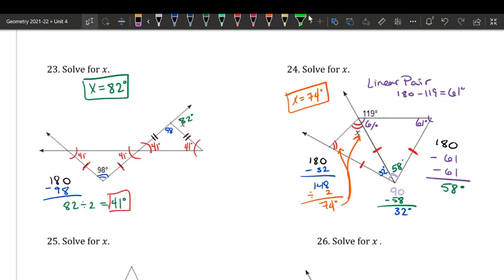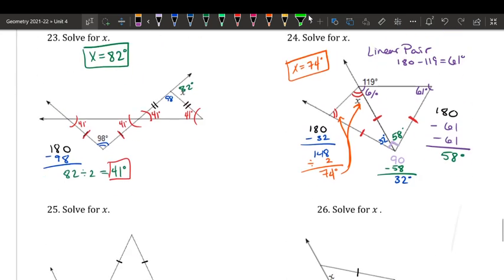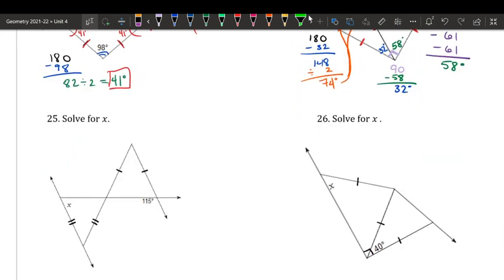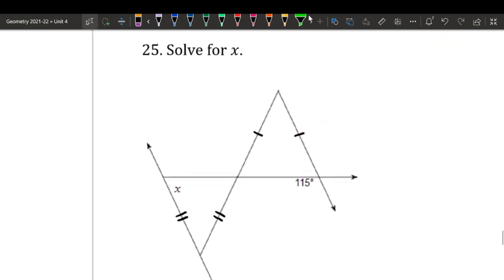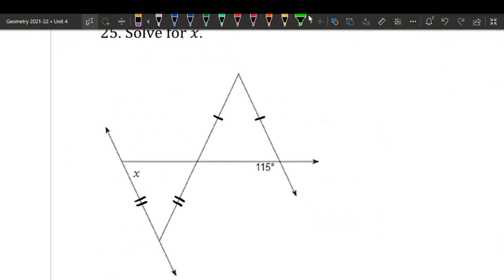Alright, so we have two more of those. You just work all of these the same way. Just start with what you know and work your way over. Okay, so if I have the 115 degrees, the only thing I can see to do with that is call this a linear pair.